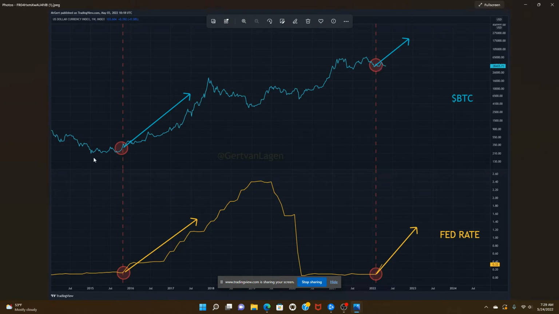And again, it cuts off here recently, but the point I want to draw your attention to is this area here. You can see here that the federal funds rate is rising from zero, and Bitcoin enters a bull market as that's happening. I just don't know that there's a relationship there that people think is there.